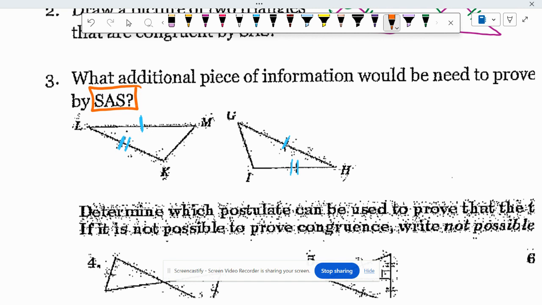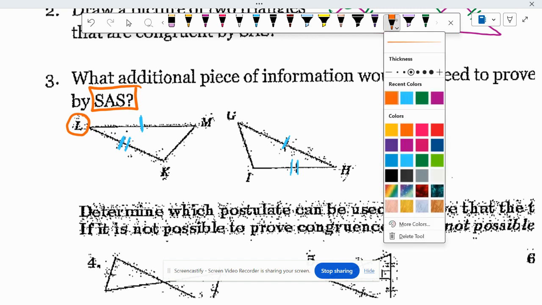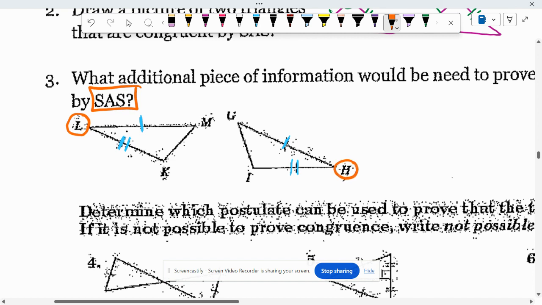What are we missing? Yeah, the included angle. We need to know that angle L, because that's in between the two congruent sides, is congruent to angle H. So we need angle L to be congruent to angle H. And a lot of your questions will be like, what else is needed to prove this using this theorem? Okay.